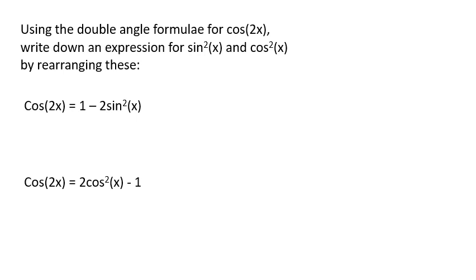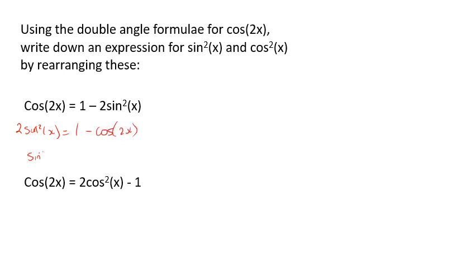So we've just noted in our start that cos of 2x can be written as 1 minus 2 sine squared x. If we rearrange that to get sine squared on its own, we'll end up with something that will be easy to integrate. So for example, we could take the minus 2 sine squared to the other side, write it as a positive, and we could bring the cos of 2x over to the right hand side.